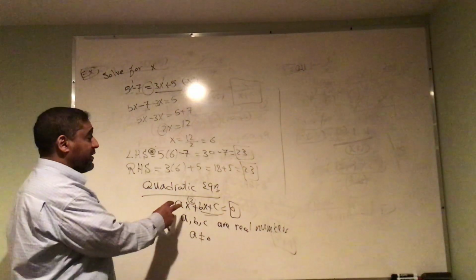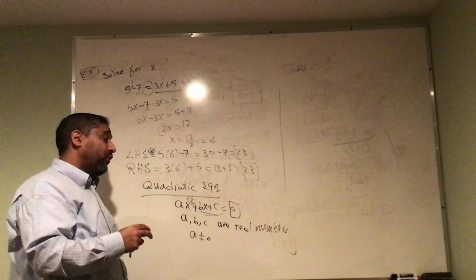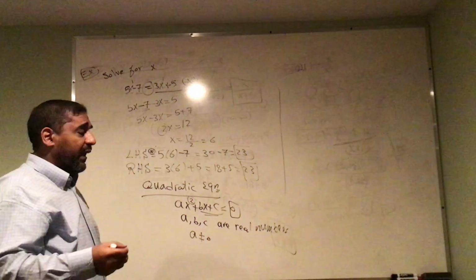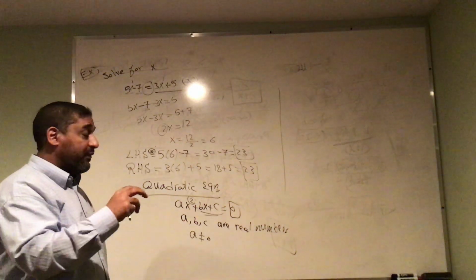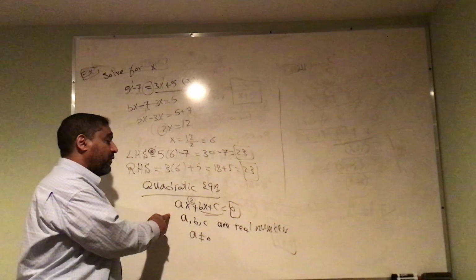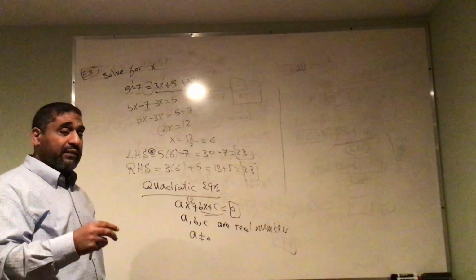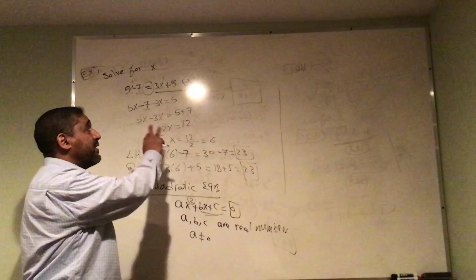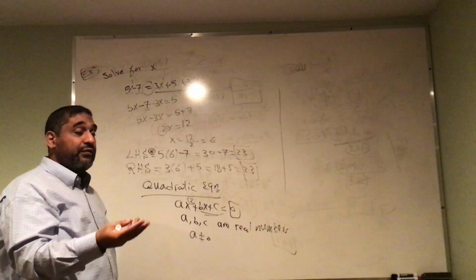Now, how to solve this quadratic equation? You have several ways to solve this. One way is so-called completing the square. Another way is factorization. And the third way is to use the quadratic formula. You have seen that maybe in high school. As I said, this review is just to tell you to go ahead and review this stuff.